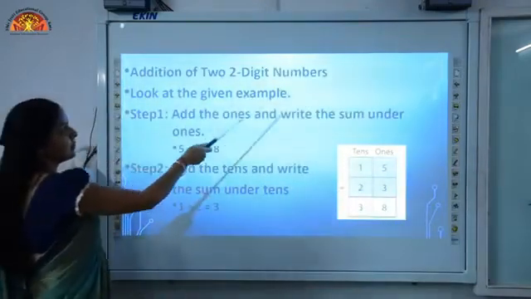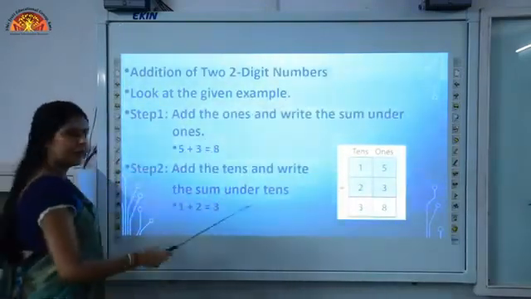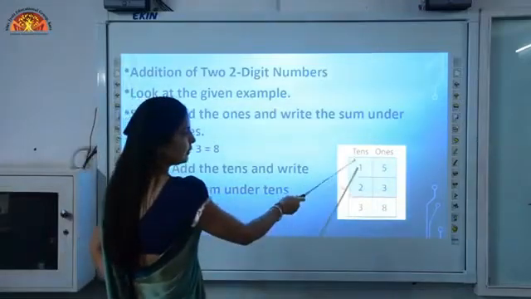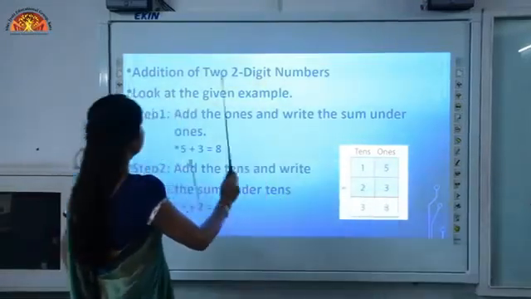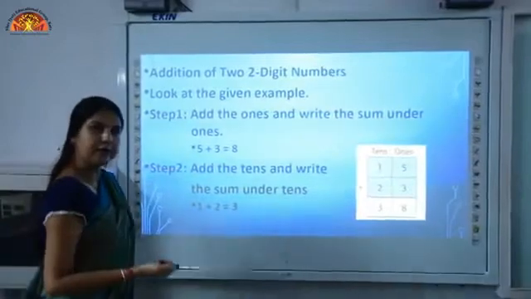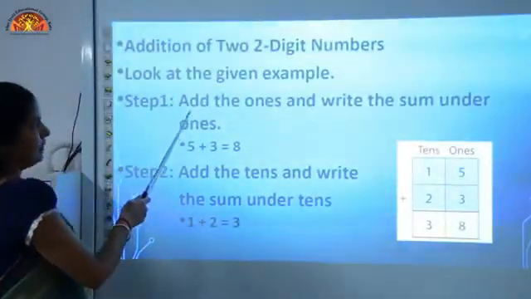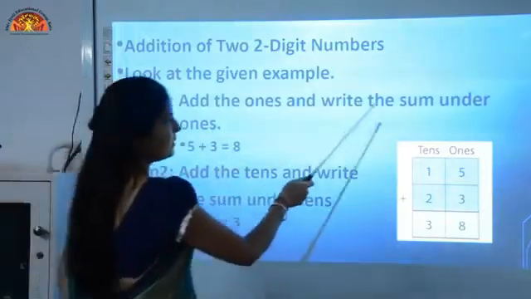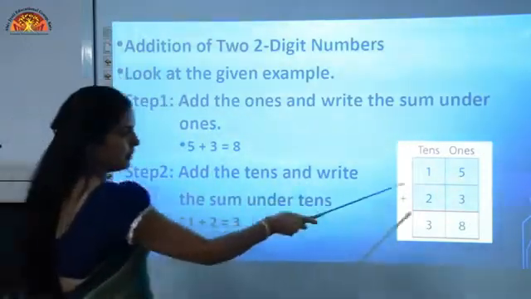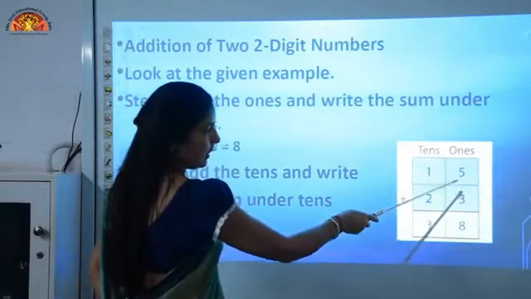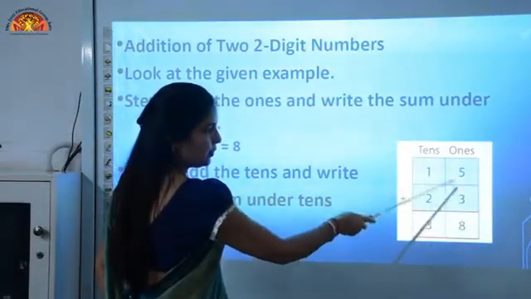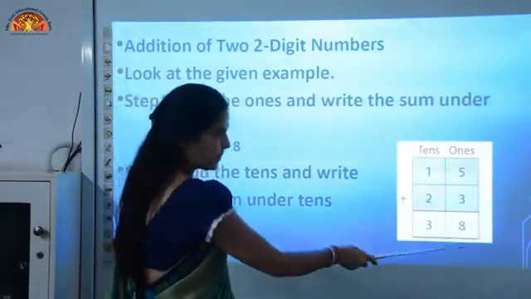Now, addition of 2-digit numbers. Now children, we will see 2-digit numbers in both the numbers. We have to follow some steps again. Step 1, add the ones and write the sum under the ones. Here 5 and 3. These both numbers are at ones place.